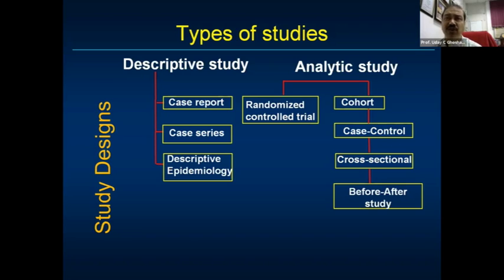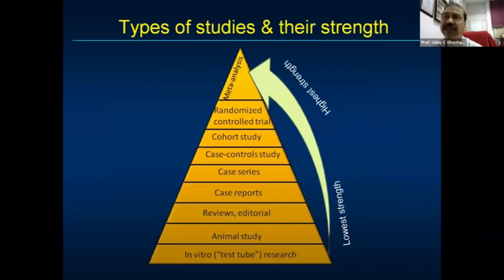These are the weakest studies that are there in the literature. Now, this is the pyramid that tells you which study types are strong studies and which are weak studies. For example, in vitro studies, which most of our PhD students would be doing, unfortunately are not strong studies. Animal studies similarly are weak studies.